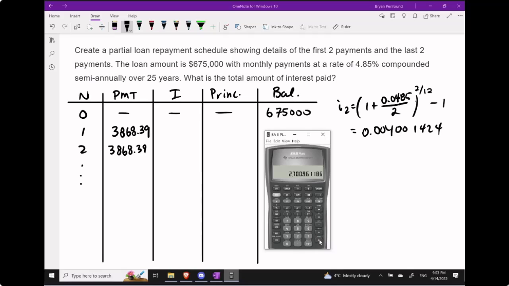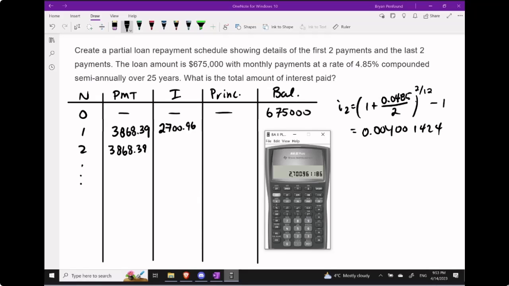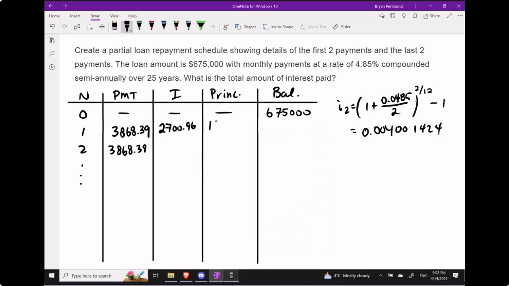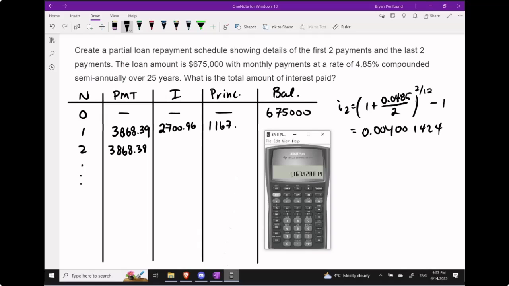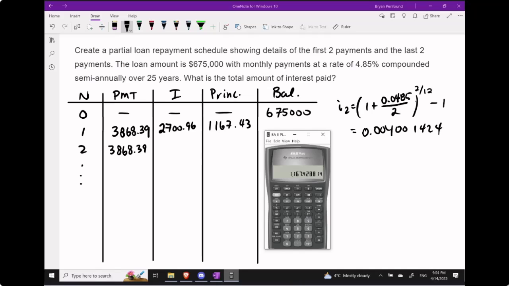This is going to give us our first interest portion of $2,700.96. If I take this value and subtract it from our 3868.39, that should give us our first principal payment, and that's going to be $1,167 and about 43 cents.